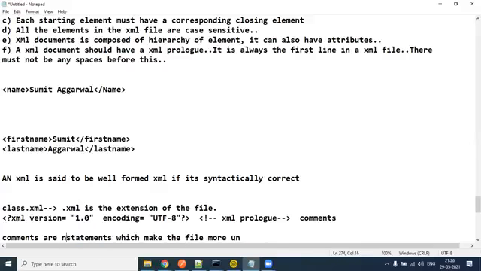Comments are non-executable statements which make the file more readable and understandable.